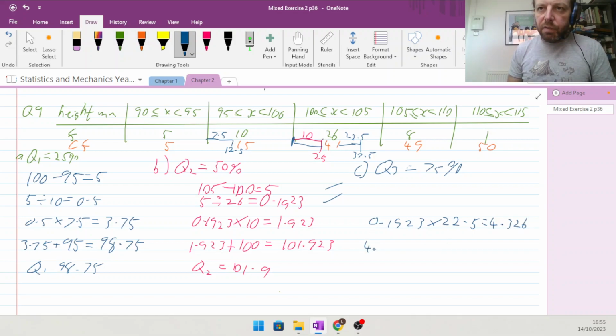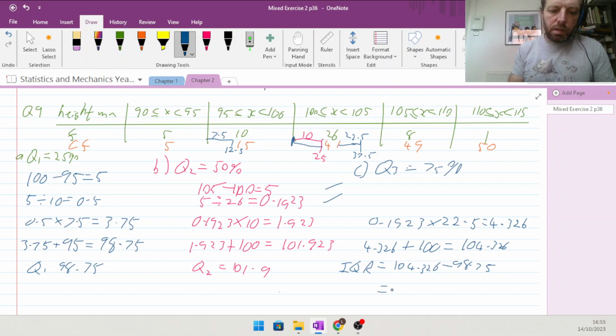Then the 4.326 added onto the 100 gives 104.326. So the interquartile range equals 104.326 take away the Q1 of 98.75, and that gives us a final range of 5.576.